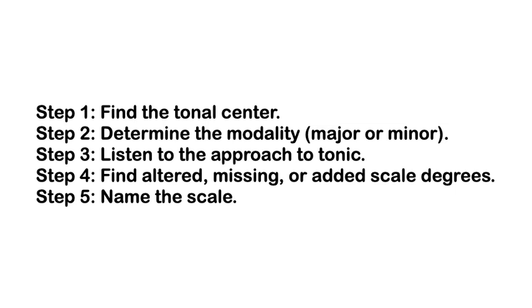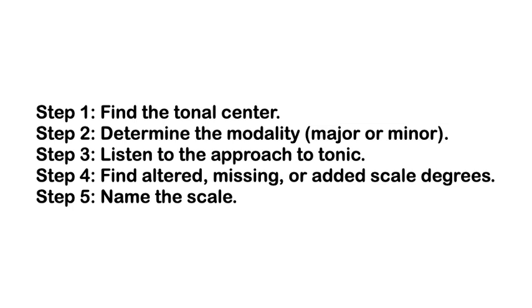Step two, we're going to determine the modality. That is, are we basing this off of a major scale or a minor scale? Step three, oftentimes I find it helpful to listen to the approach to tonic, especially from below. Oftentimes we'll hear it has a leading tone or a subtonic or some other approach to tonic that can really help to identify what's going on in the pitch collection.